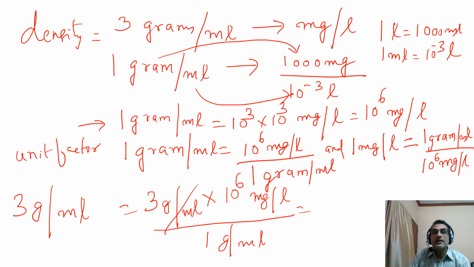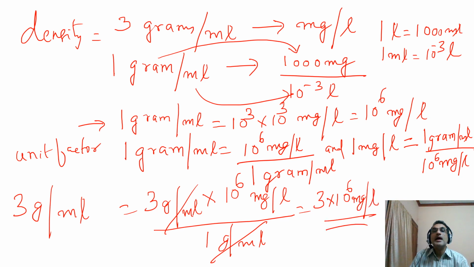Both will cancel, gram per ml, and the final answer will be 3 into 10 to the power of 6 milligram per liter. This will be the answer.